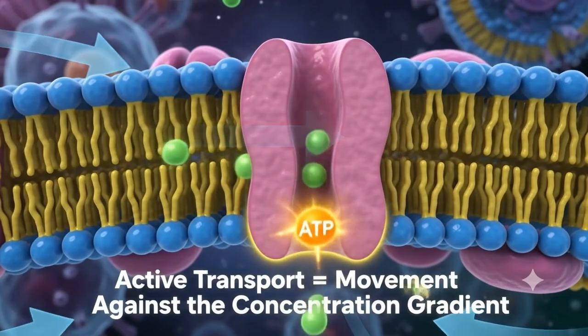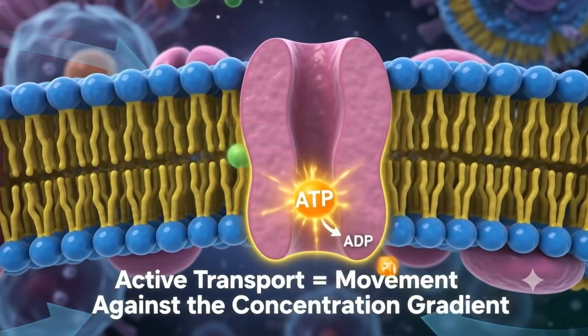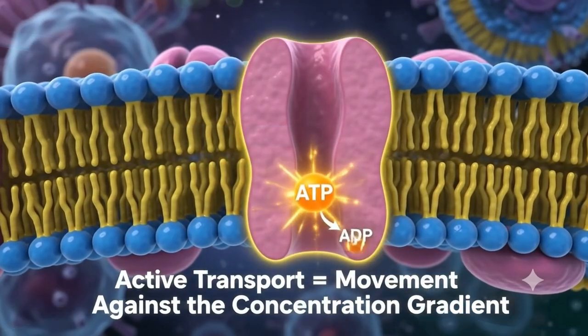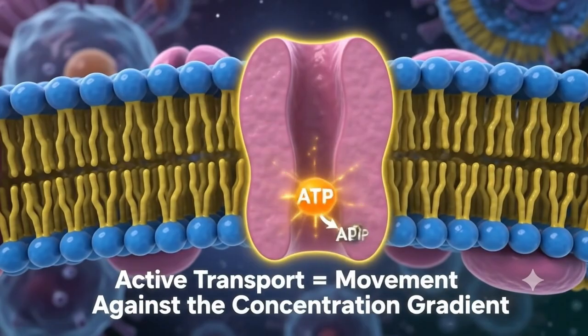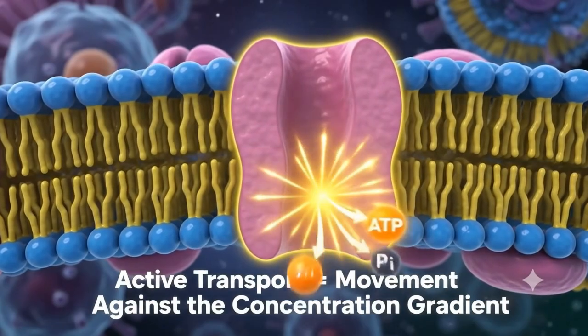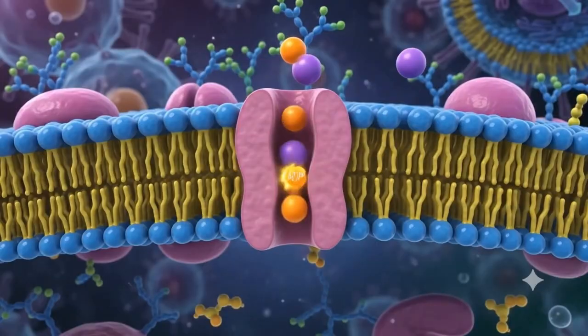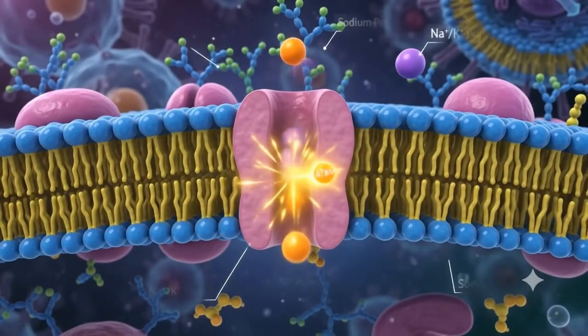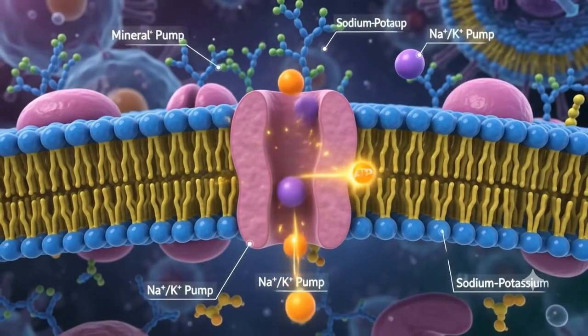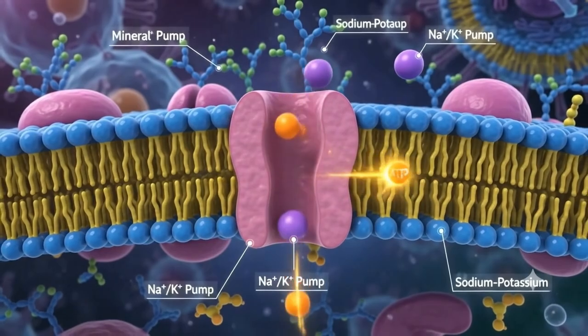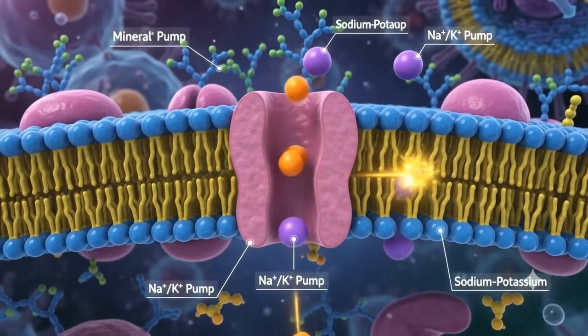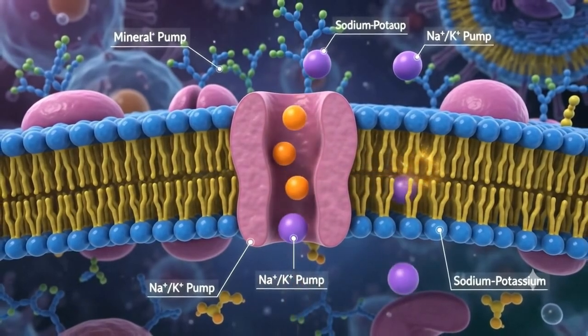So, in simple terms, we can say the movement of molecules against the concentration gradient with the expense of ATP is known as active transport. Mineral pump and sodium potassium pump are the best examples of active transport.